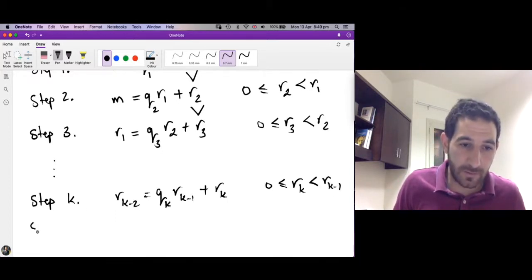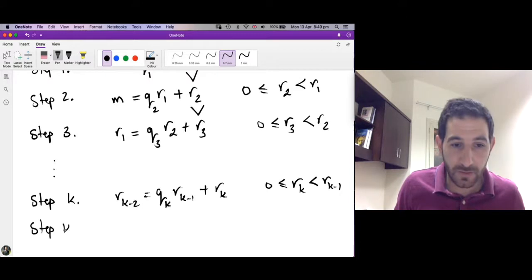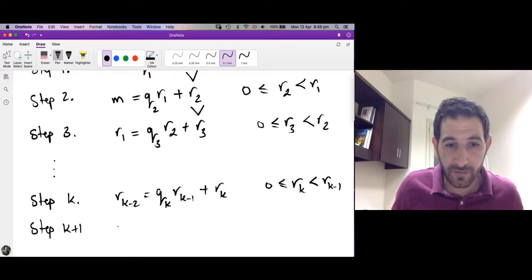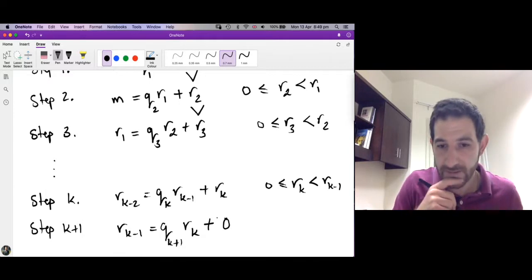And let's say at step k+1 we have r_{k-1} equal to q_{k+1} times r_k plus 0.